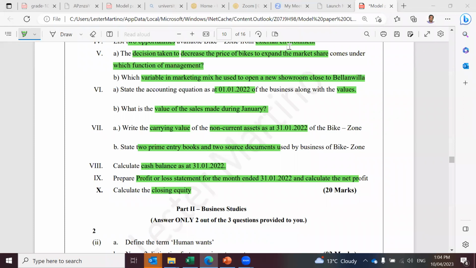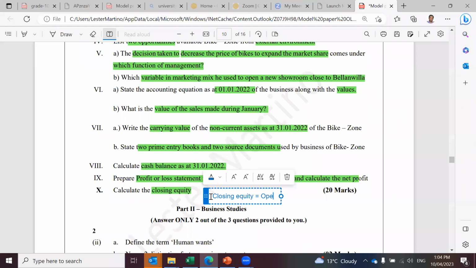How do you calculate closing equity? Just make a note. Closing equity equals opening equity plus profit minus drawings.